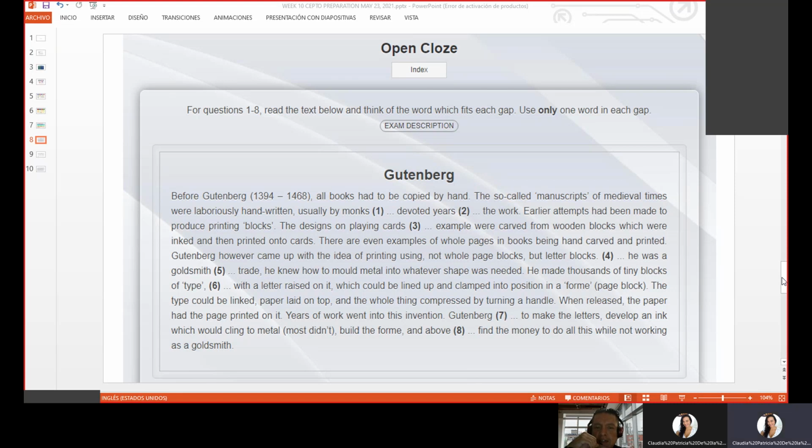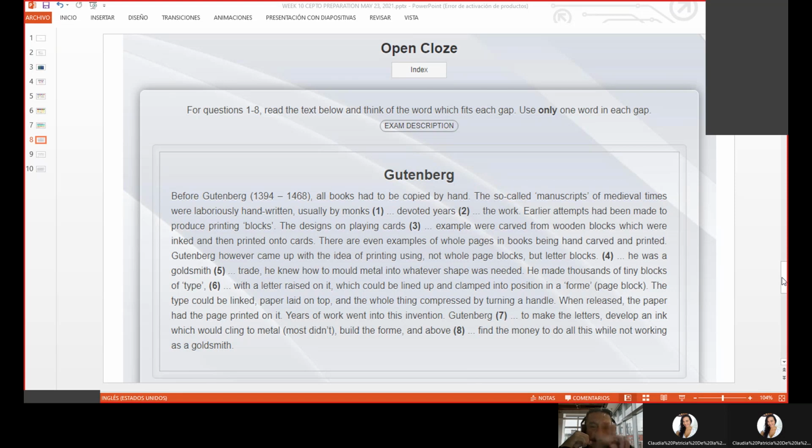You're giving an explanation as to why he knew how to mold metal. For example, you can invert the sentence and say, he knew how to mold metal into whatever shape was needed because he was a goldsmith.